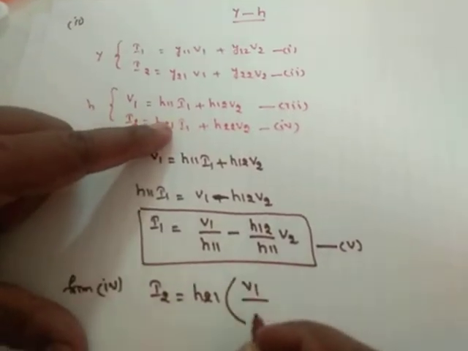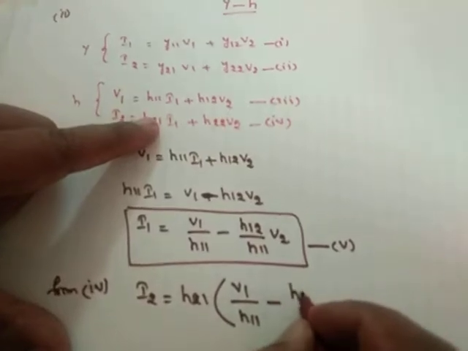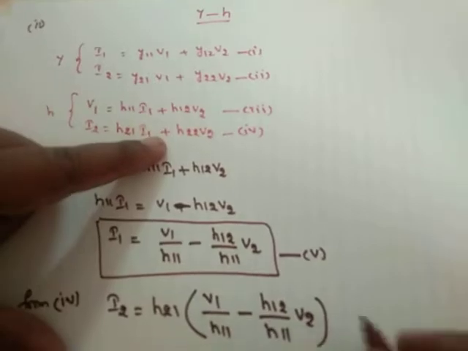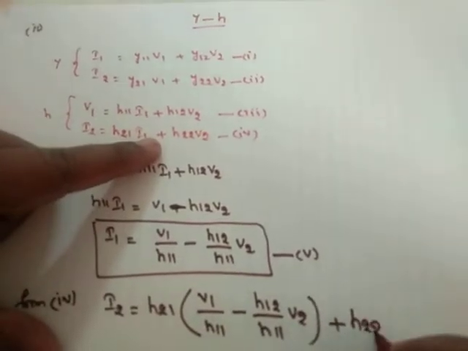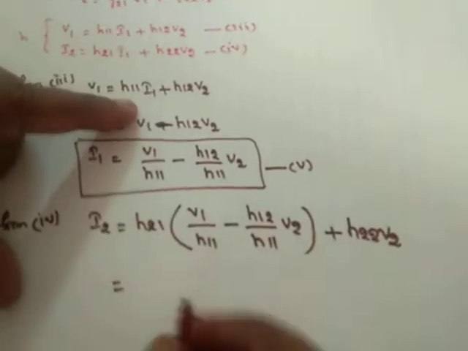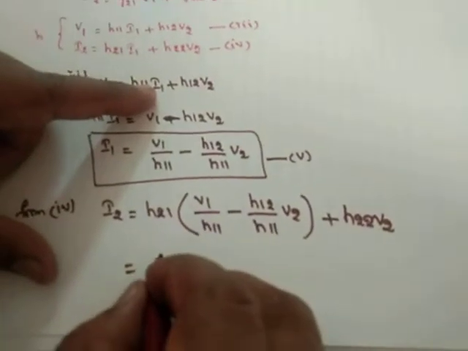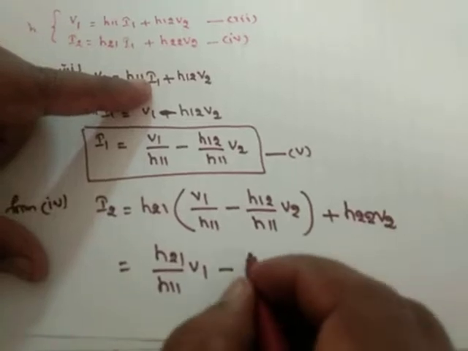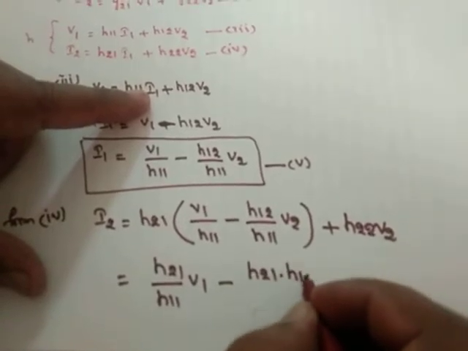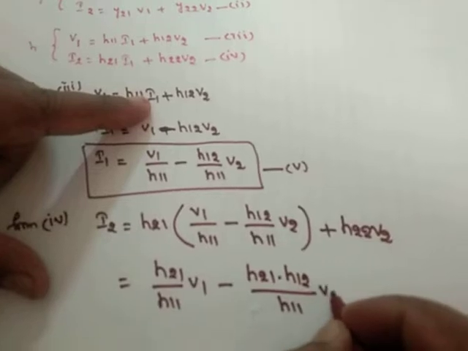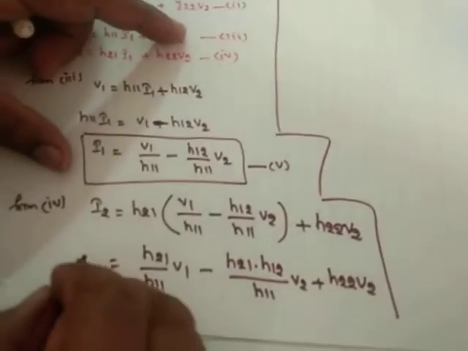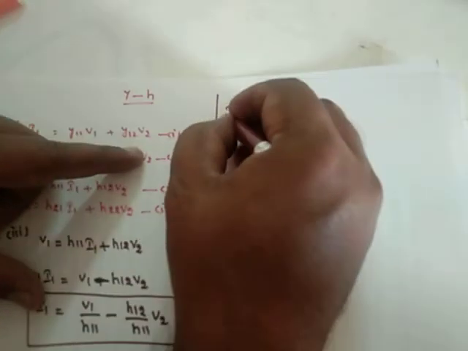Substitute I1 here: V1 by H11 minus H12 by H11 into V2, plus H22 V2. Simplify this expression: H21 by H11 V1 minus H21 H12 by H11 V2 plus H22 V2. This is I2.